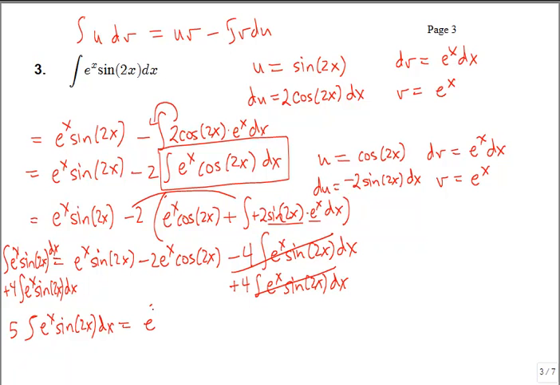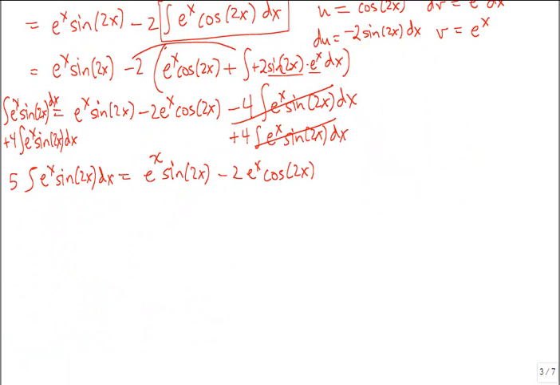And so the left side is just this e to the x sine of 2x minus 2e to the x cosine of 2x. Okay, now how does that help me? Well, if we want to solve for this integral, what do we have to do to get it isolated and by itself? We just have to get rid of that coefficient, which we can do by dividing everything by 5.